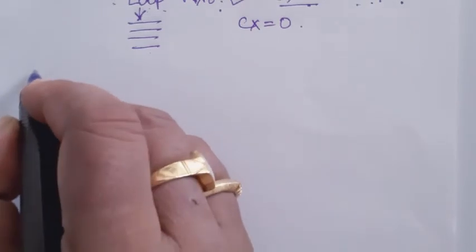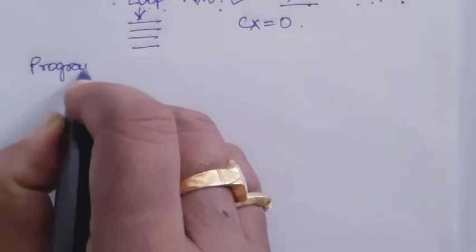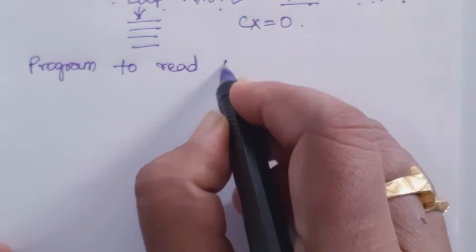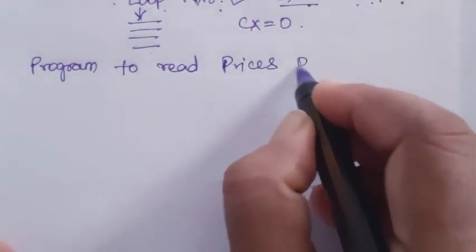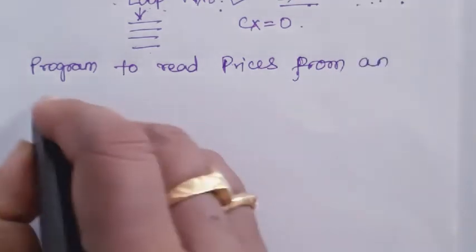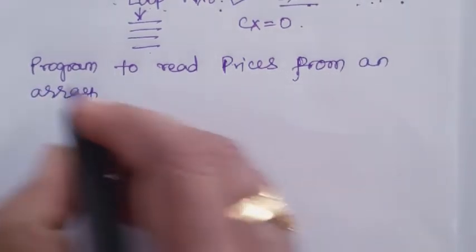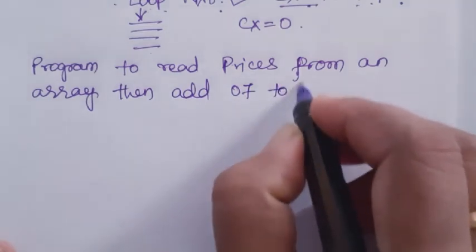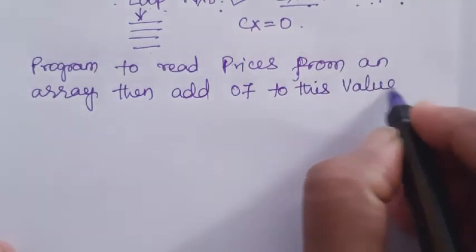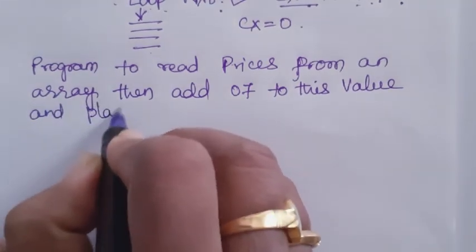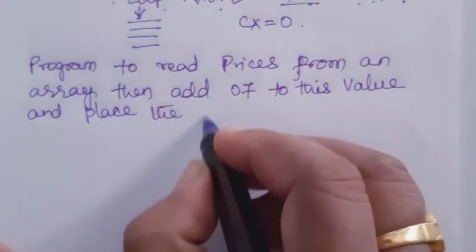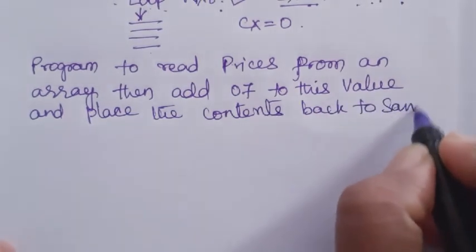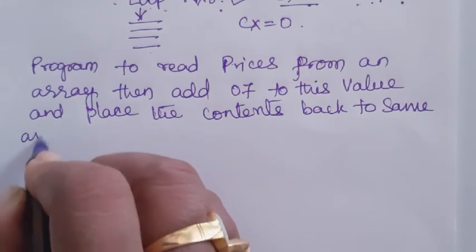Write a program to read prices from an array, then add 07 to this value and place the contents back into the same array.